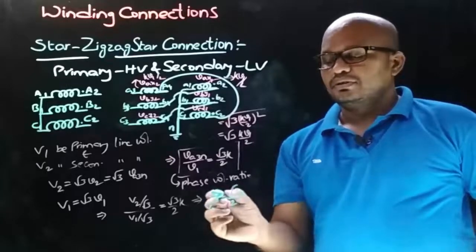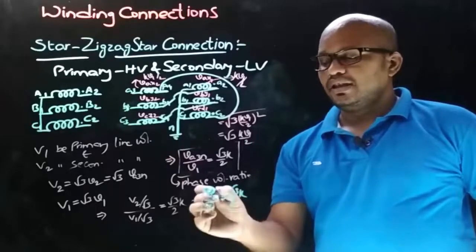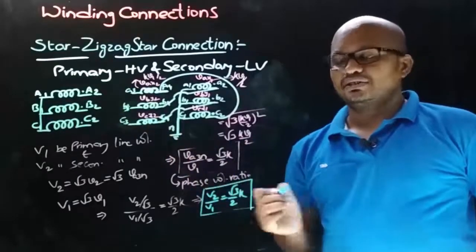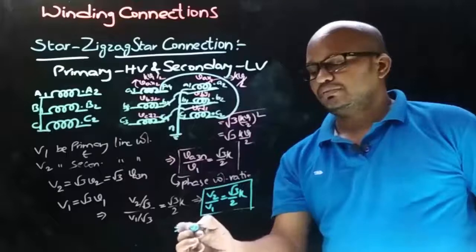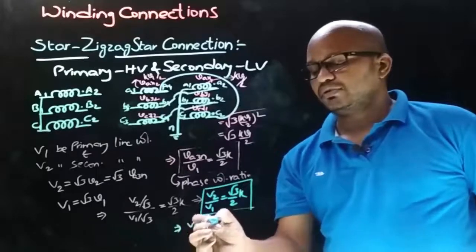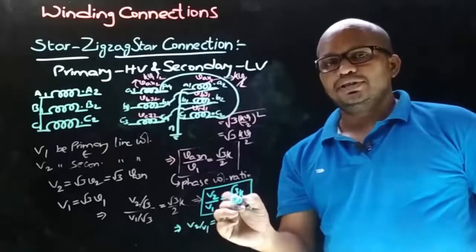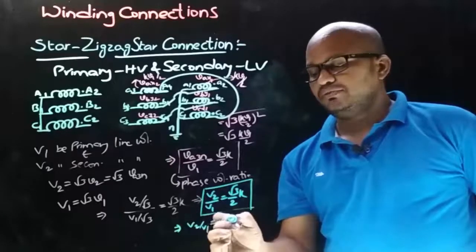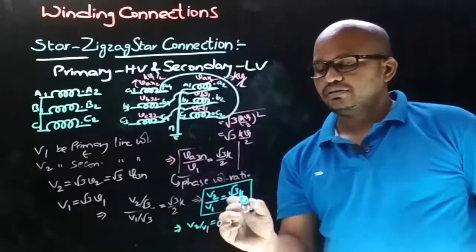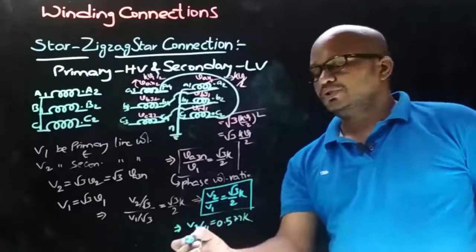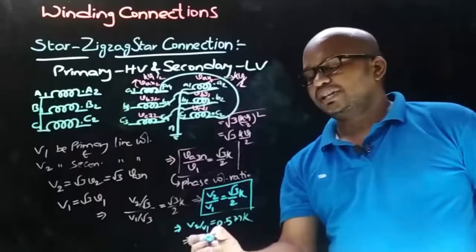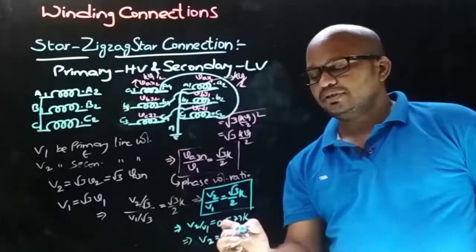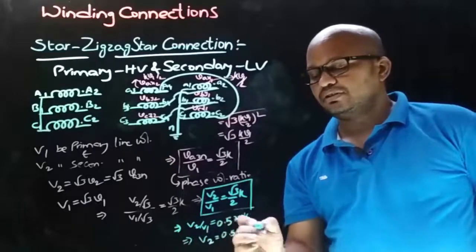So this is the line voltage ratio for star zigzag star connection, and upon simplification V2 by V1 is equal to K root 3 by 2, that is 1.732 by 2, which will give you 0.577, and here for K is equal to 1, V2 is equal to 0.577 into V1.